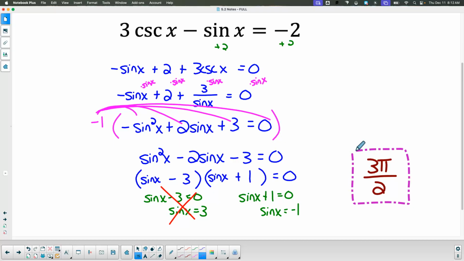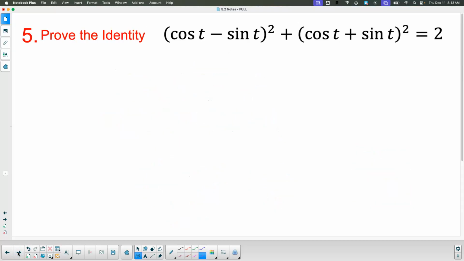If it said prove, then we could only work one side. Because it's a solve, we can work both sides. If it says prove in the directions, then we can only work one side. So we got to be mindful of those words in the directions for each problem. This one is a prove, so we can only work one side.